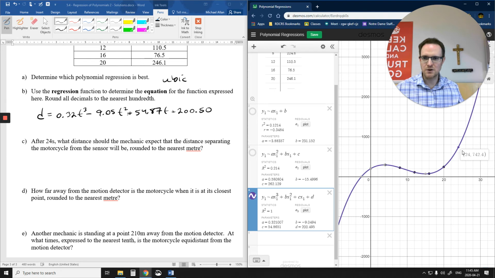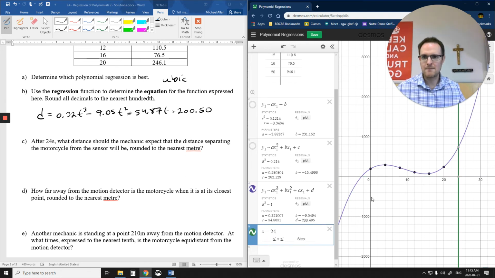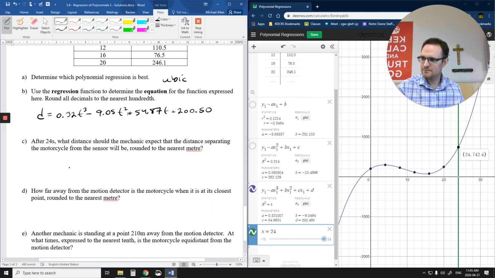That's 742.4, but I can also put a line here, x equal to 24, a nice little vertical line, and there's my dot there. So the distance I would expect, because the d is my y values and these are my x values, is 742, to the nearest what? To the nearest meter, 742.